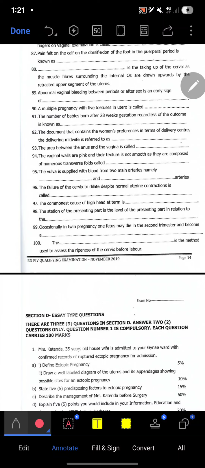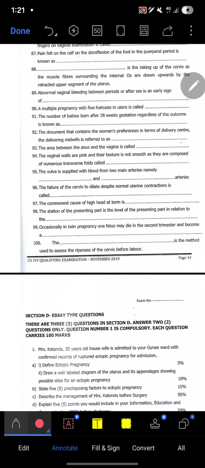The correct answer is, of course, birth plan. 93. The area between the anus and the vagina is called perineum. 94. The vaginal walls are pink and their texture is not smooth as they are composed of numerous transverse folds called. The correct answer is rugae.